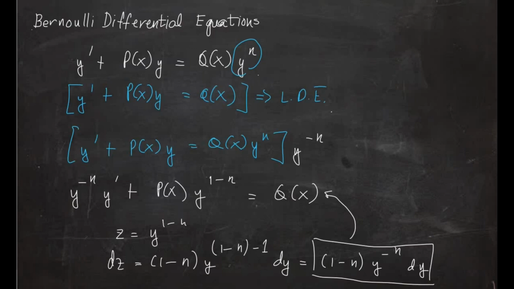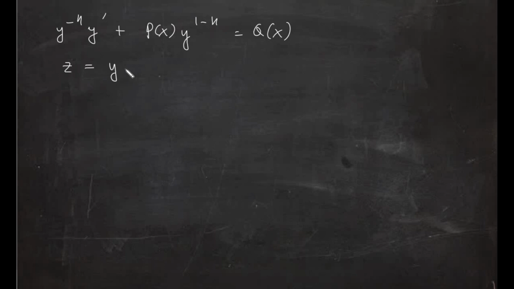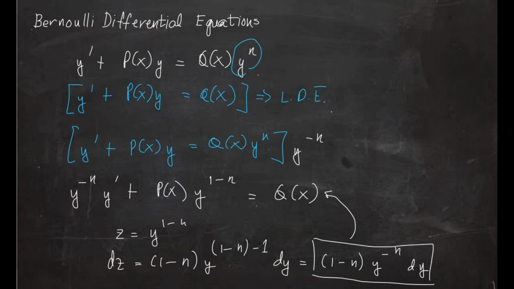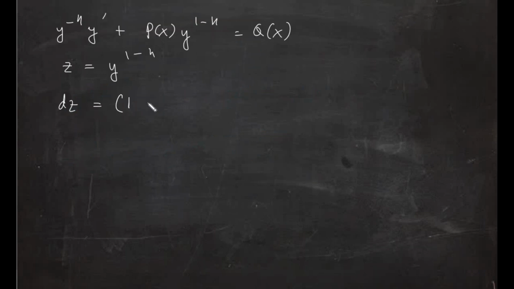So let's just write everything down first. We have y raised to negative n times y prime plus p of x times y raised to 1 minus n is equal to q of x. And my substitution is z is equal to y raised to 1 minus n, and we also have differential z is equal to 1 minus n times y raised to negative n times differential y.